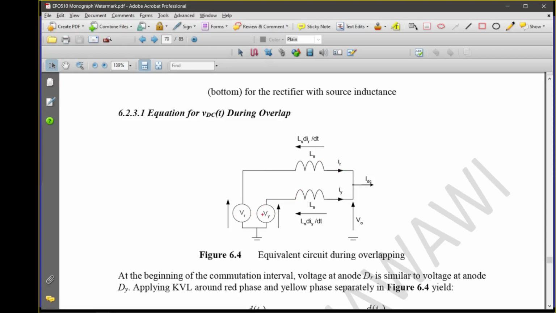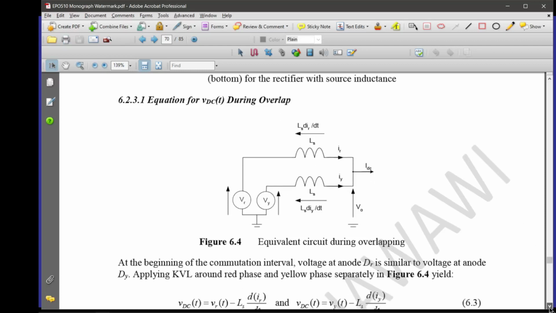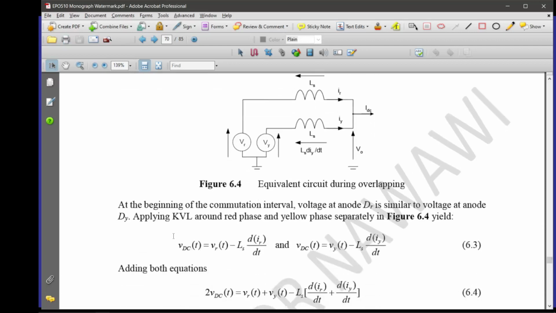We have V red and V yellow, red current flowing in that direction and yellow current flowing in that direction, and IDC flowing at the output and coming back to here. It's a complete circle. This is during overlap, and then you do the KVL.